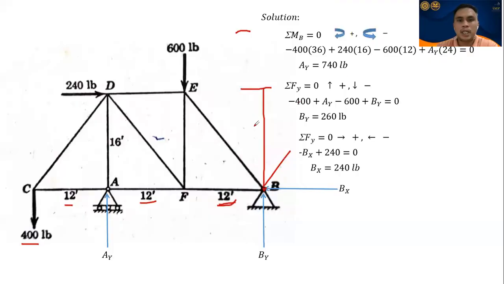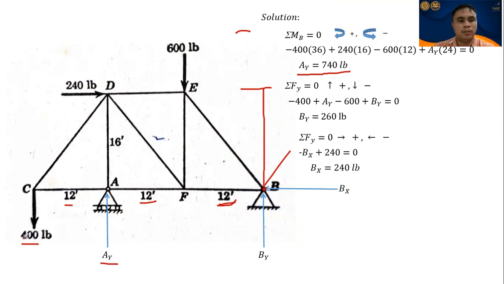So we can also get the reaction, class, A sub Y, the reaction at the roller. We get 740 pounds, okay? So now we have obtained 740 pounds, class. So, summation of forces in Y, class, equals 0, going up positive, going down negative.